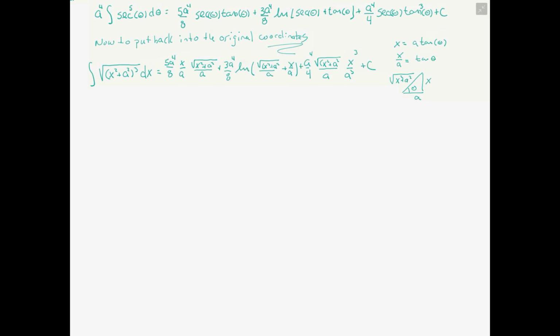That's our solution. We have to do a little bit more cleaning up.